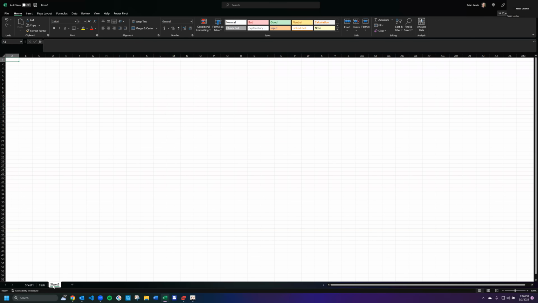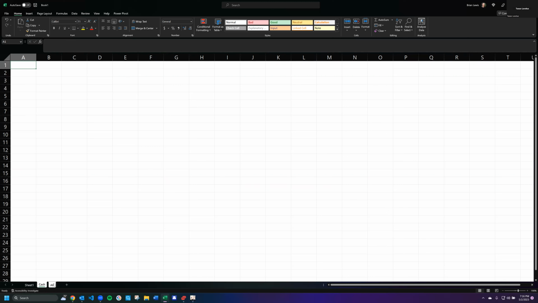I might have, let's call it, an accounts receivable ledger. And each of these ledgers would have a date on them, and they would have a description.